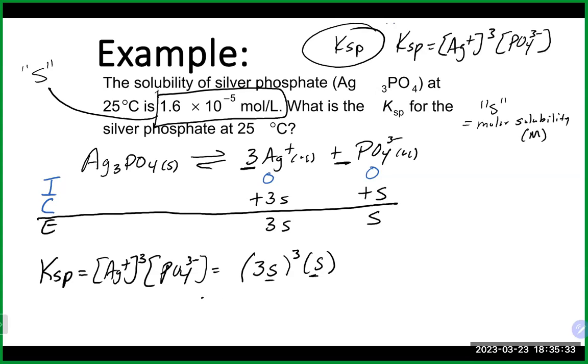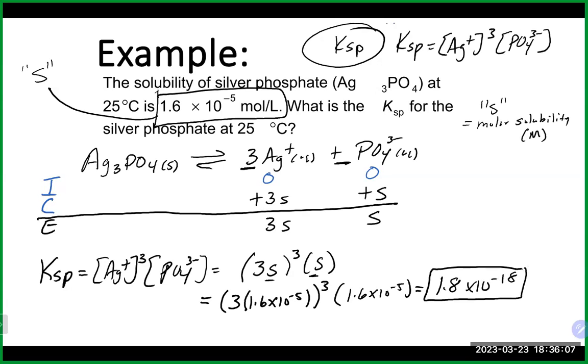So we could put it into here and go 3 times 1.6 times 10 to the minus 5, and we still need to cube it, times 1.6 times 10 to the minus 5. And if we do that, we will end up with 1.8 times 10 to the minus 18 as our KSP value.